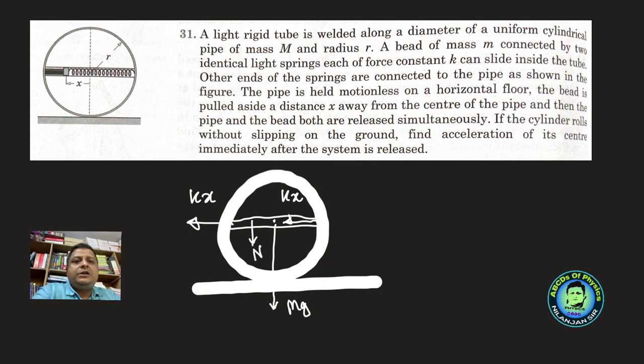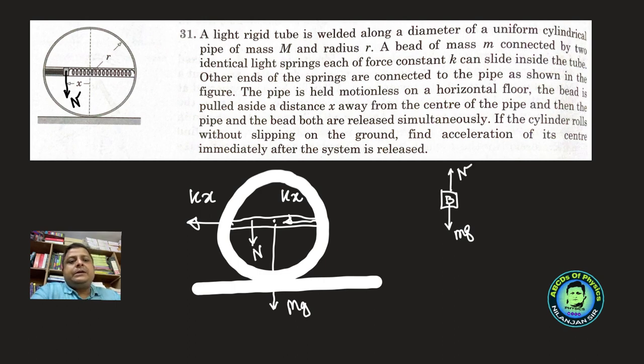What is this normal reaction? This is actually the normal reaction on the block B, N downwards. And let us draw the free body diagram of the block. Simple as that. Block B, force is mg, and normal reaction N is acting upwards.